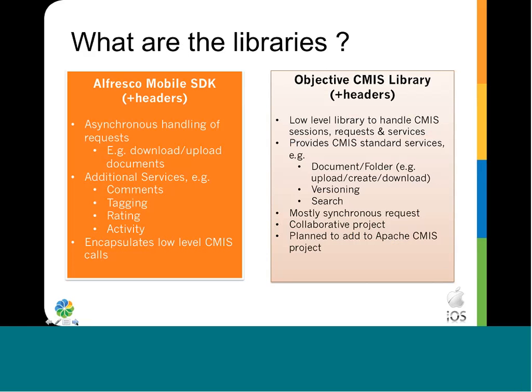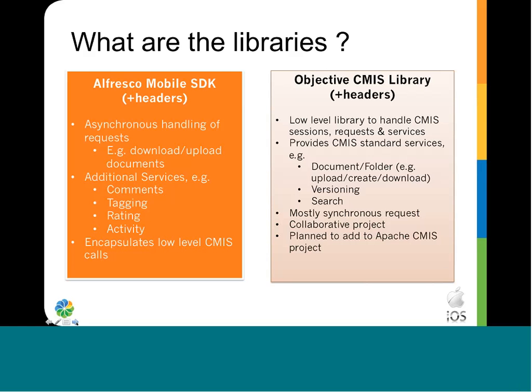And this is where we will do all the heavy lifting of the asynchronous handling of requests for downloading and uploading documents. Of course, it also handles all the additional Alfresco services. Gavin showed us an overview at the beginning of the talk of what these services are, but I just highlighted them here again: comments, tagging, rating, and activity.